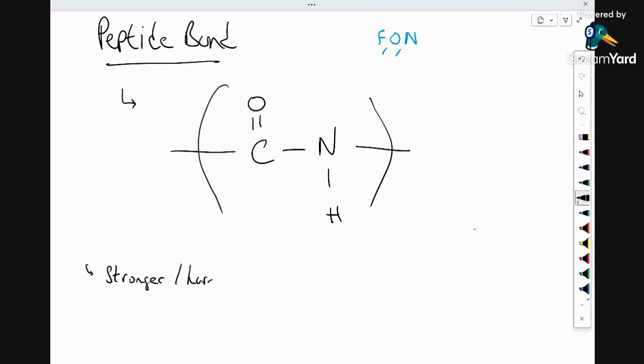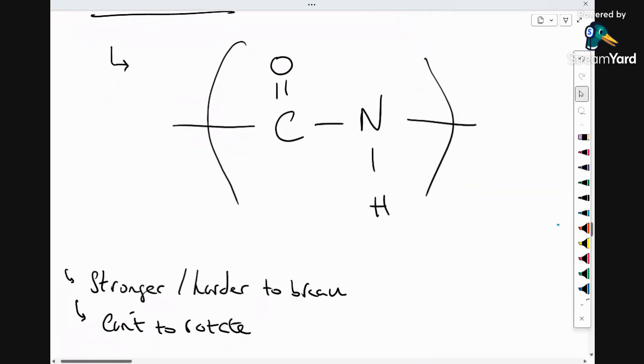It's harder to break. It's more stable than we thought. And also it can't rotate. So it has a restriction placed upon it in terms of what conformations it can take on. Which is weird because single bonds have free rotation.